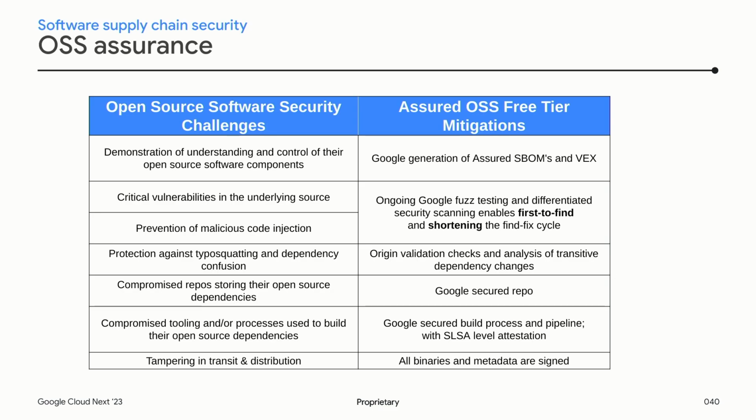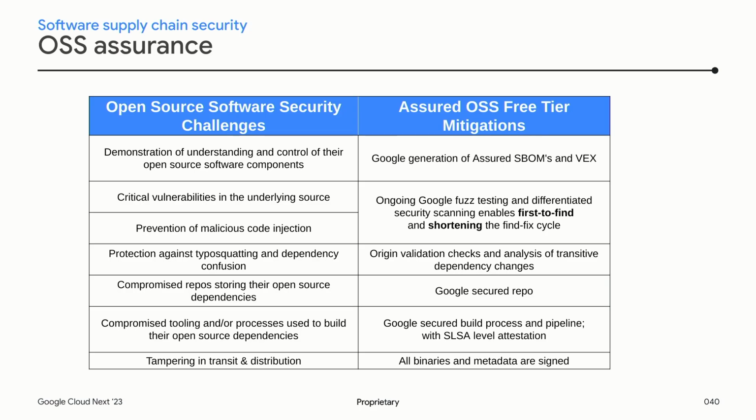For protection against things like typo squatting and dependency analysis, we do origin validation. So we're making sure that rather than your development teams pulling arbitrarily from a random location, we validated that this is pulled from the core canonical location of the source code when we build it.